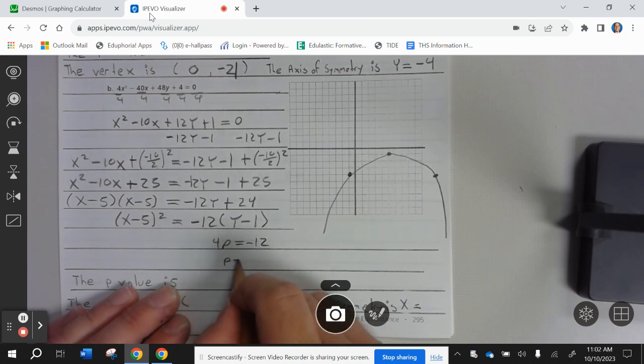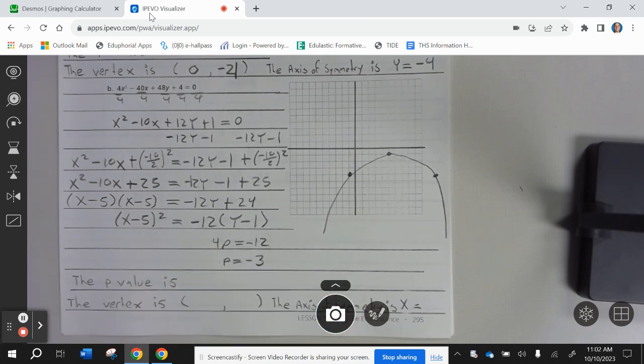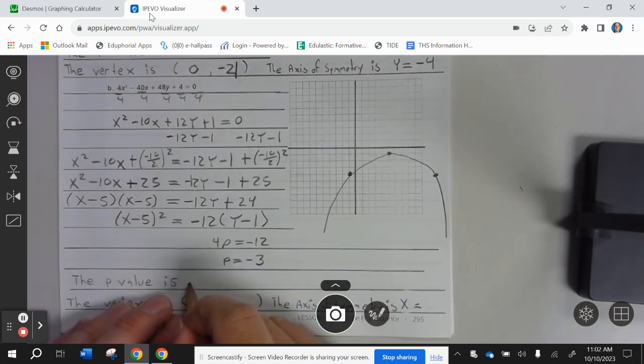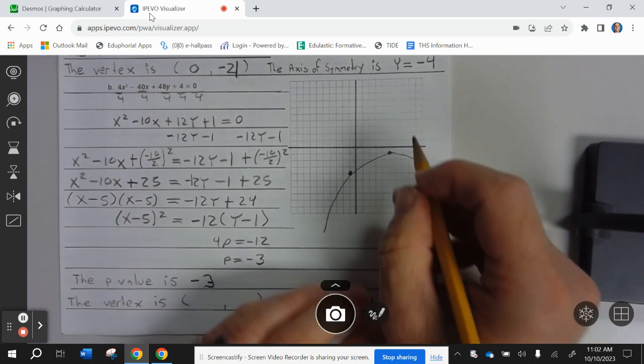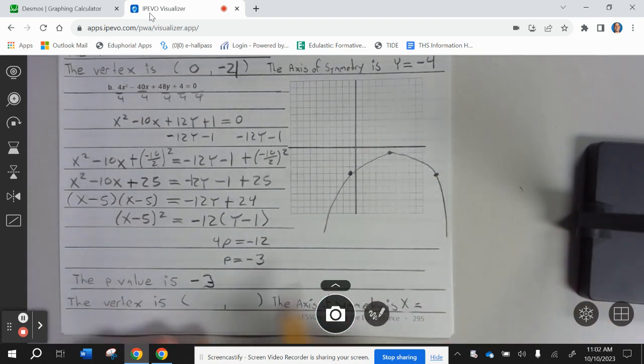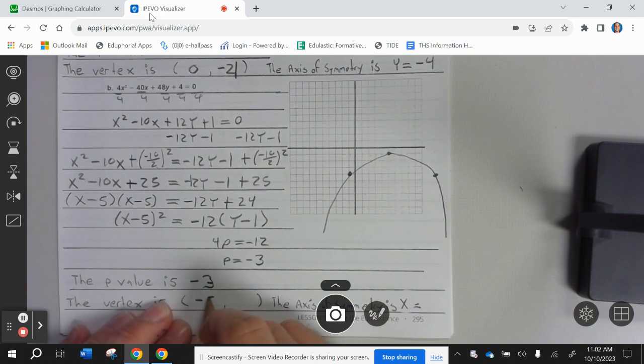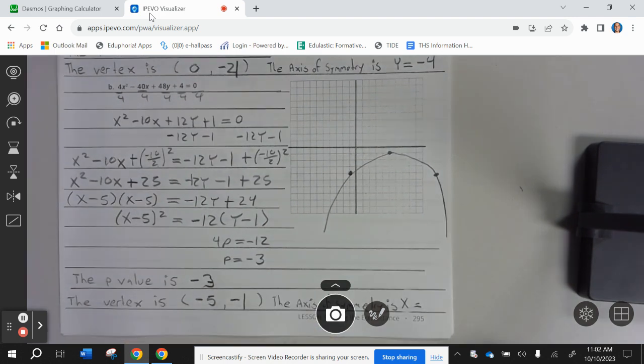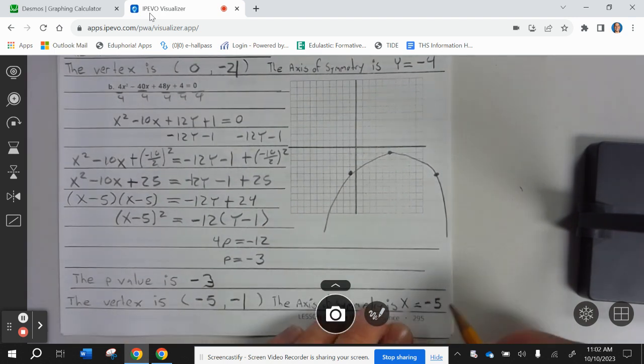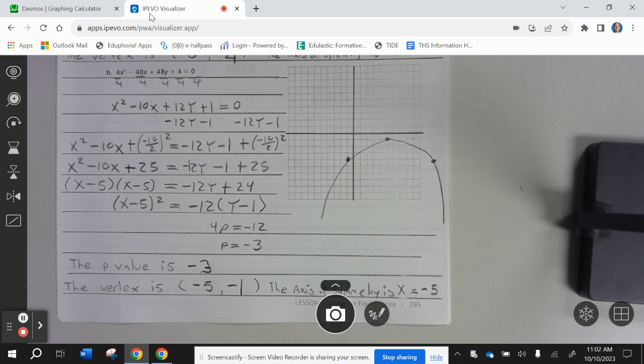So p equals negative 3. So the p-value is negative 3. The vertex is 5, negative 1. So the axis of symmetry is x equals 5. All right, go ahead and finish that up.